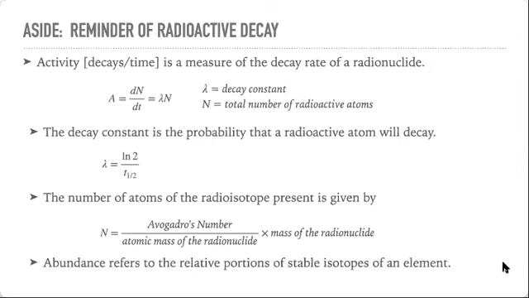And finally, the other thing that we talk about often when we're talking about backgrounds and our materials is the abundance. What this refers to is the relative portions of the stable isotopes of the element. So that's just a brief reminder of some of the vocabulary that you might hear.